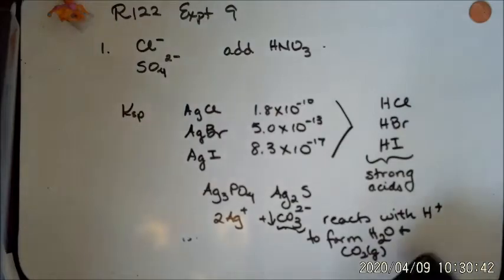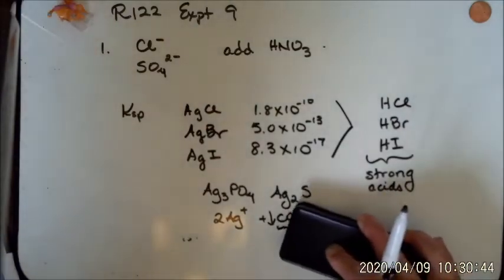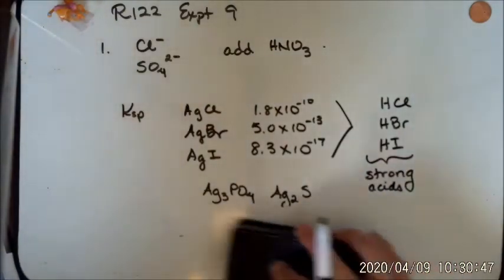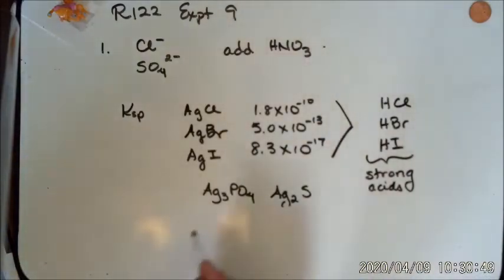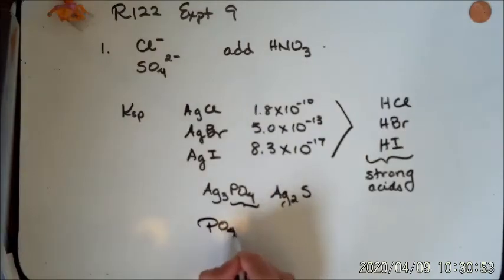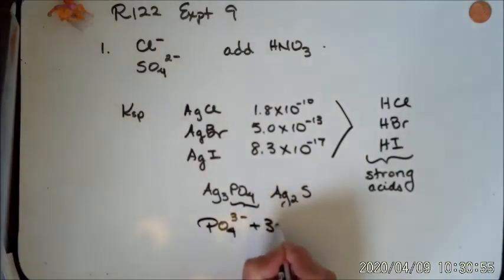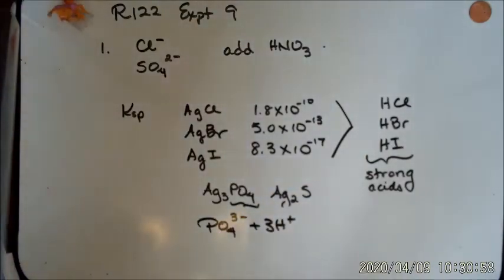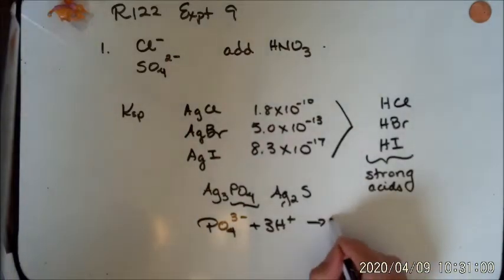What about if we look at something like silver phosphate? Well, remember, if we look at the effects of acid, phosphate will form phosphoric acid.